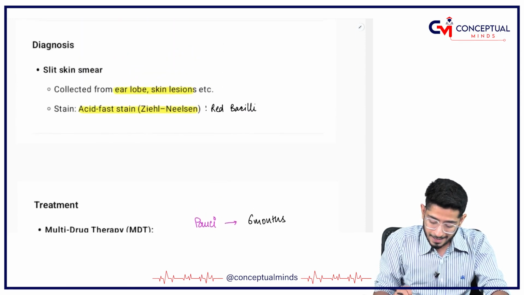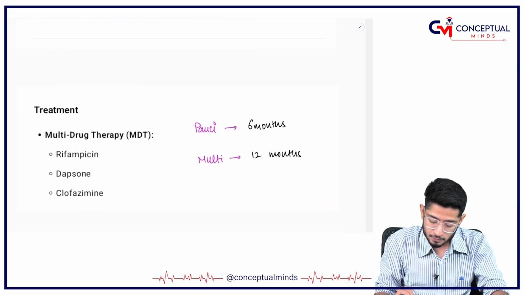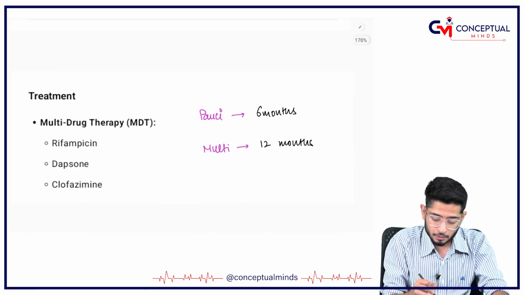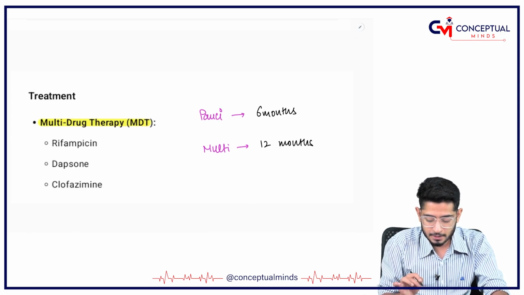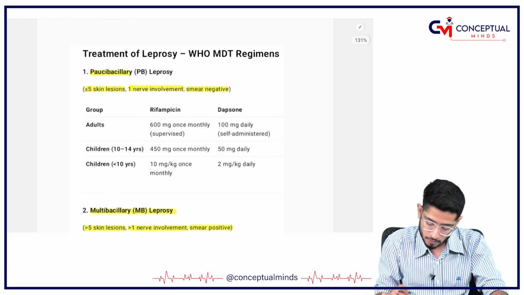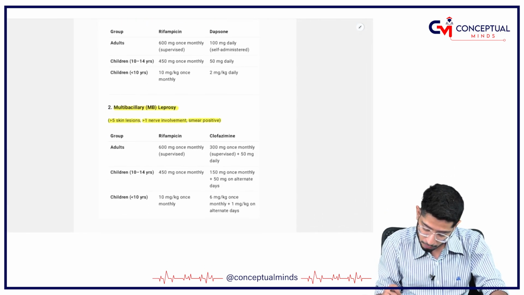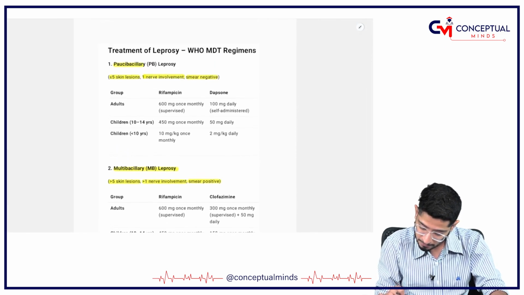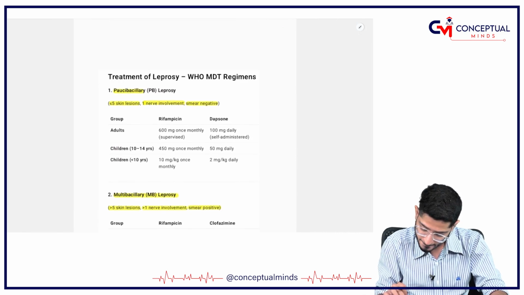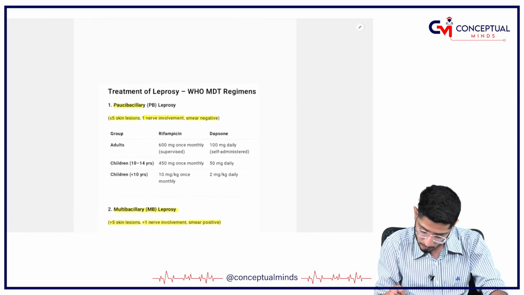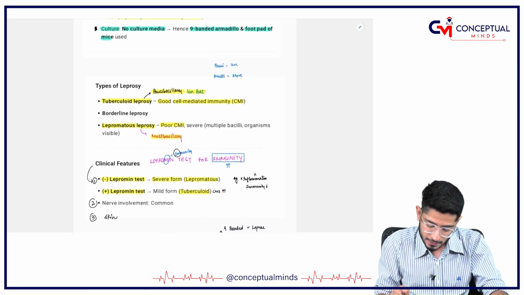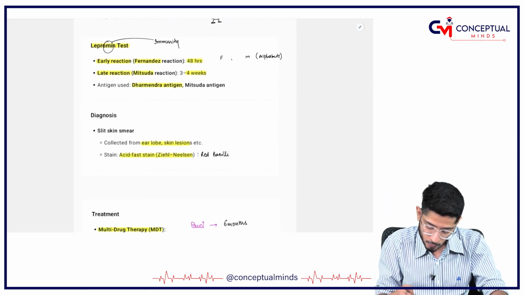After that, coming to the treatment part. Now, in treatment, a multi-drug therapy is followed. You are going to give the multi-drug therapy to these patients. There are 3 drugs which are given. What are the 3 drugs?